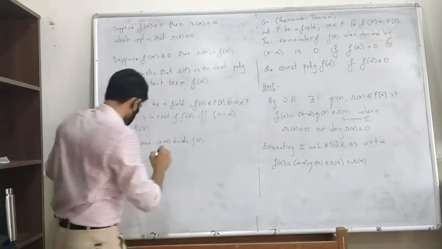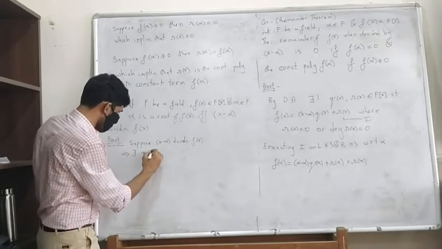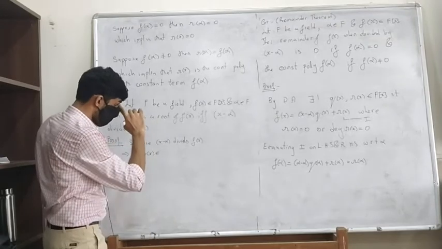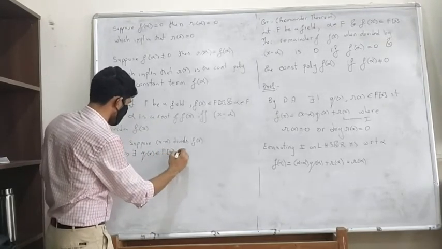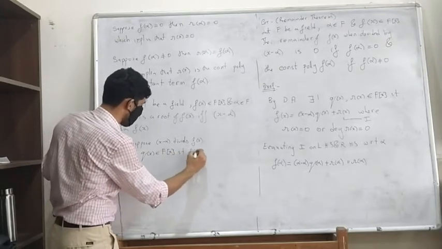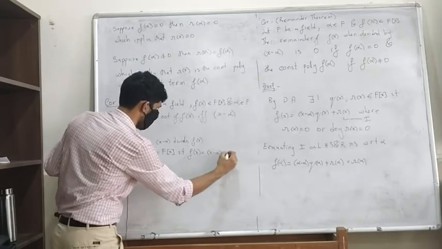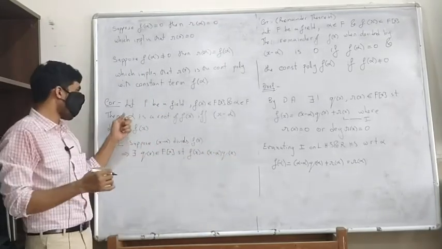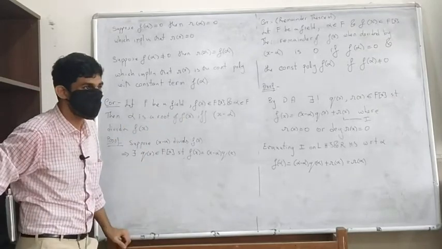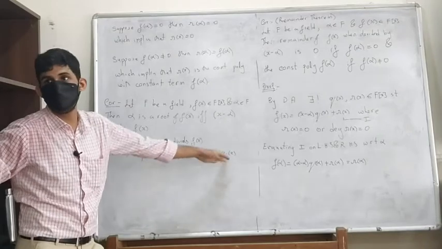So this will mean that there exists some q of x in F[x] such that you can write f of x as x minus alpha times q of x. Now it is quite obvious that alpha is a root of f of x, right? Why? You just have to use the evaluation homomorphism on both sides.